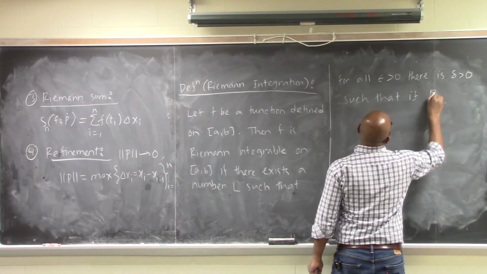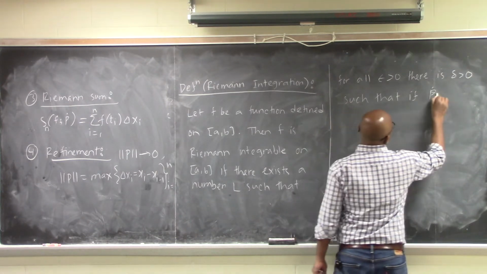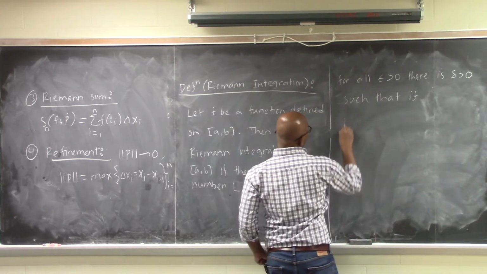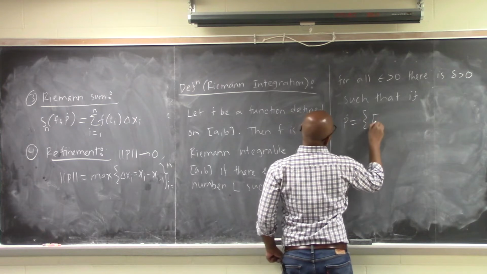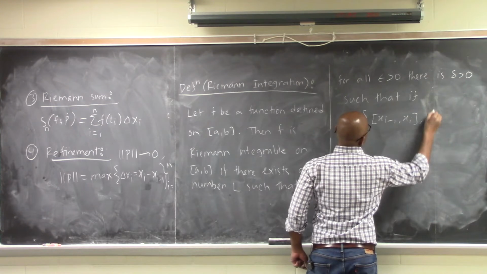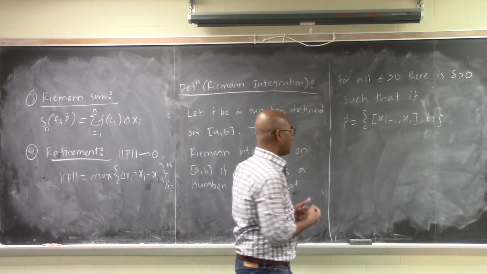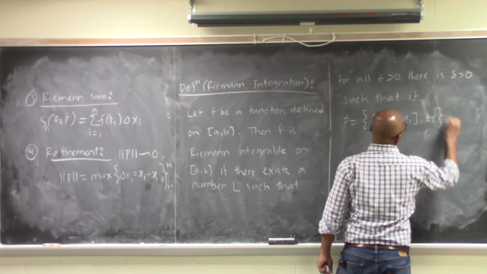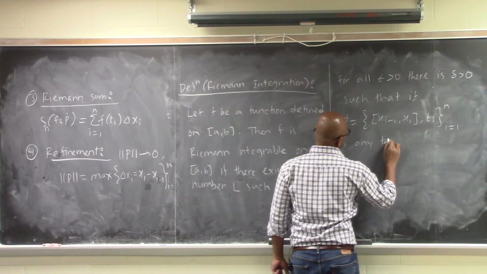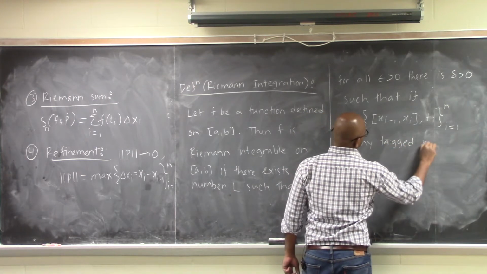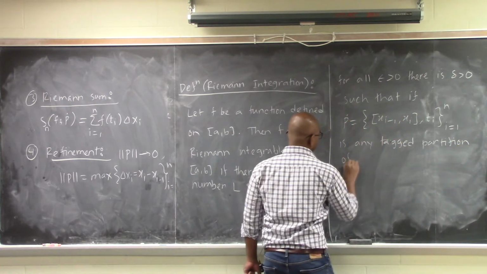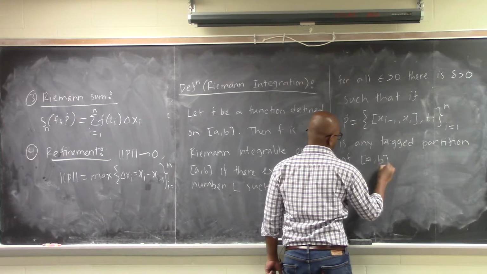if P dot, so that's the tagged partition, right? So let me write it down. If P dot, so I'm writing here the partition and also our tags, the representative points. If P dot is any tagged partition of [a, b].